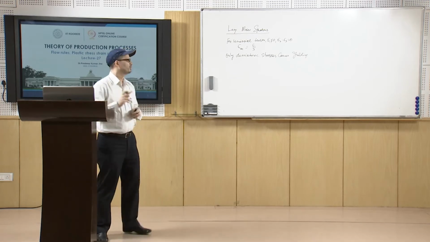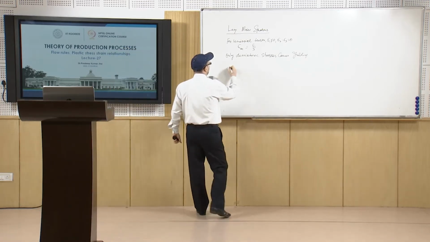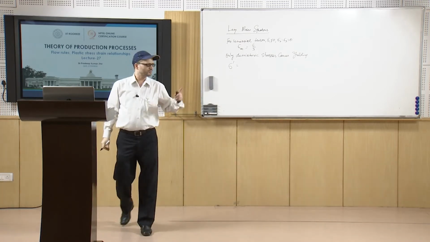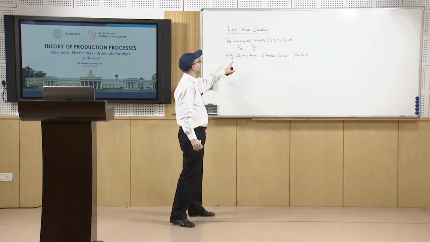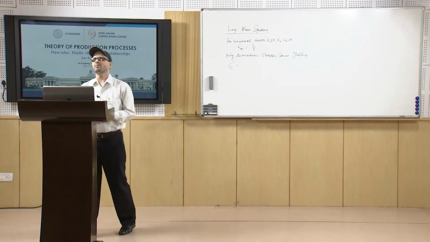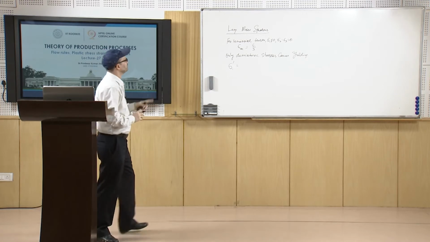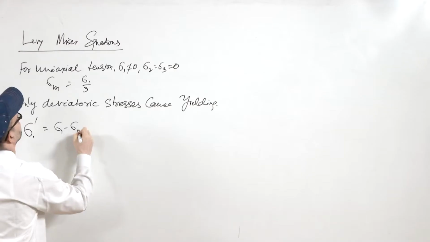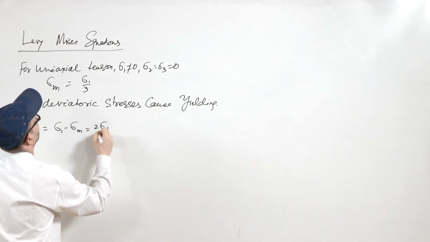The deviatoric components are presented by a prime. So, sigma 1 prime will be sigma 1 minus sigma m, which is 2 sigma 1 by 3.